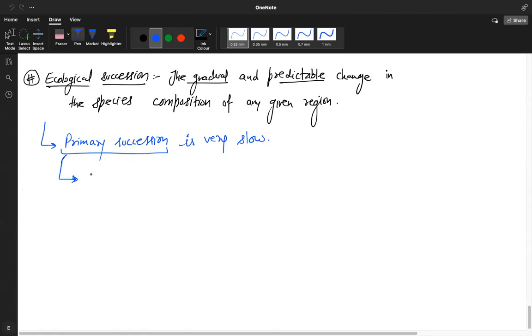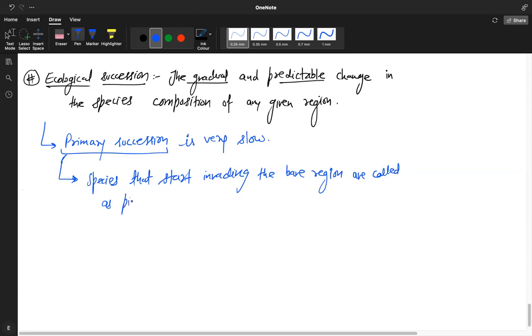You can write down the species that start invading the bare region, which is the lifeless region, are called pioneer species.